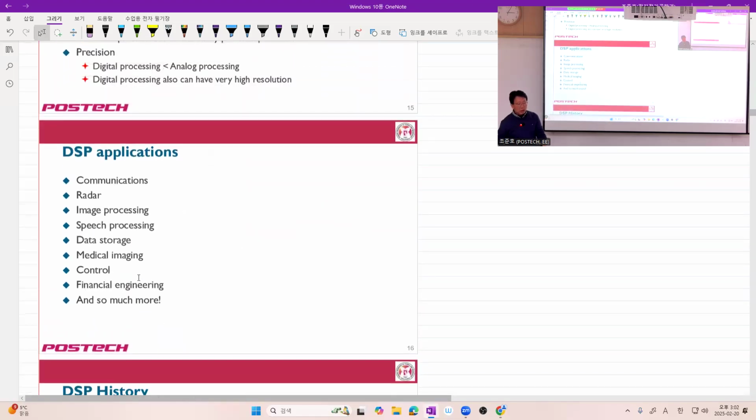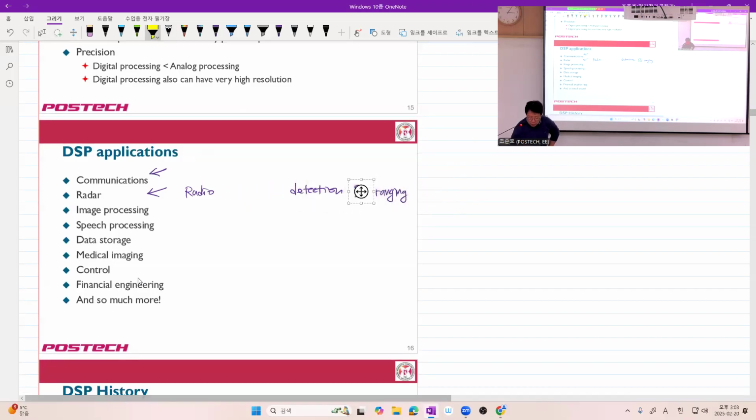Anyway, here go some DSP, digital signal processing, applications: communications, I'm in this. And radar, which is related to radio detection and ranging.